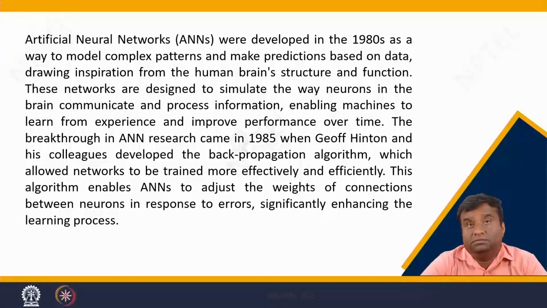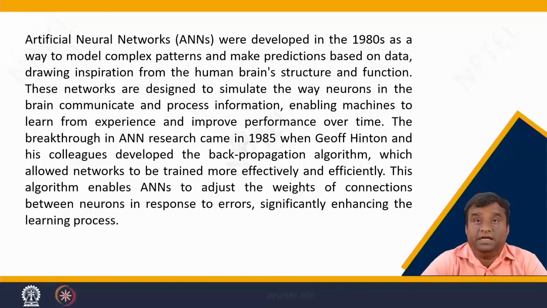Artificial neural networks were developed in the year 1980 as a way to model complex patterns and make predictions based on data, drawing inspiration from the human brain structures and function.